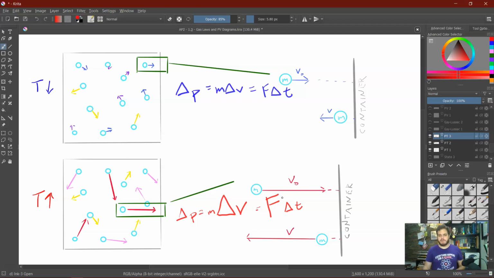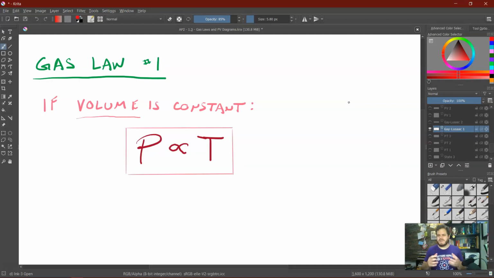And we know from Newton's third law that whatever the force is on the molecule, that's the same thing as the force on the container. And if we have a greater force on the container, that means we're going to have a greater pressure. And this brings us to our first gas law relation, which we're just going to call gas law number one. It actually does have a specific name.